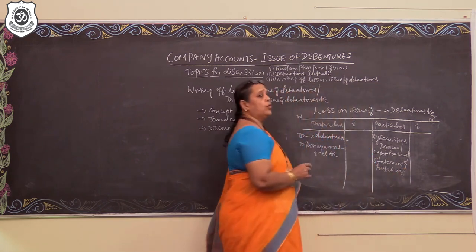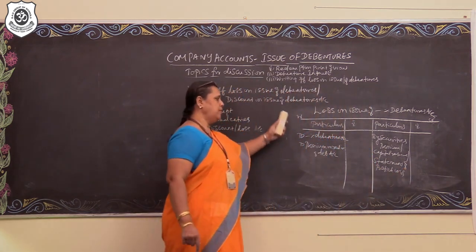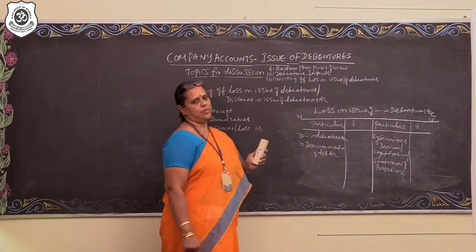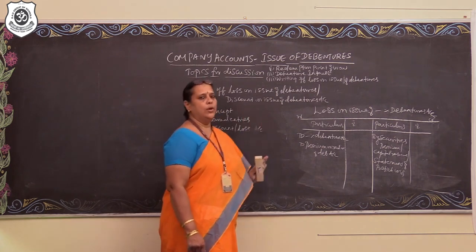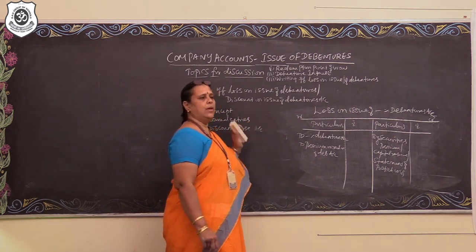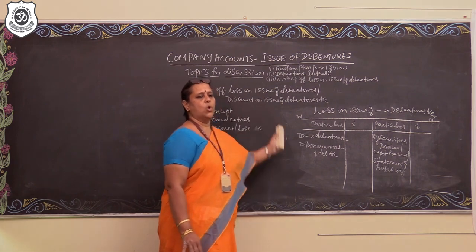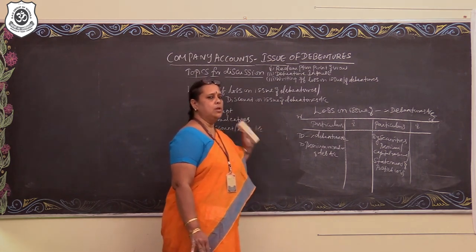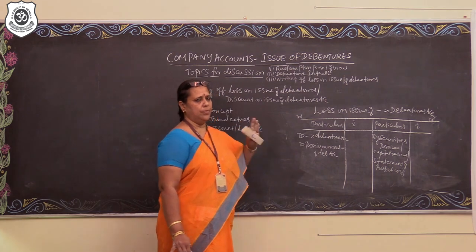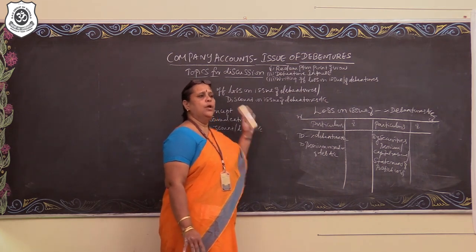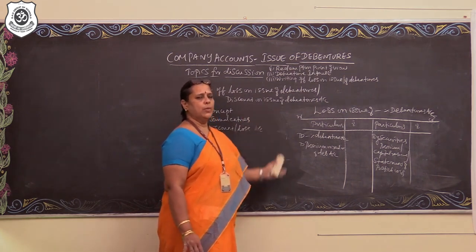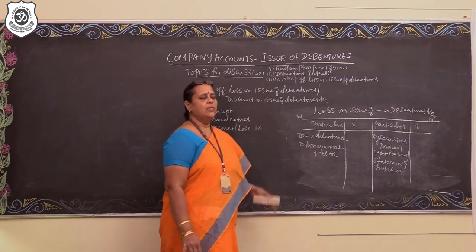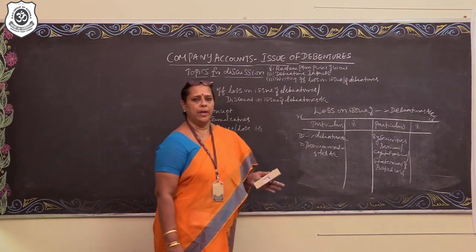So here we are going to bring in discount on issue of debentures and the premium on redemption of debentures under one roof. But please remember, we are not going to carry forward this loss on issue to the financial statement, that is the balance sheet. We are going to write it off during the current year, first with the accumulated reserves, then with the current year statement of profit and loss.